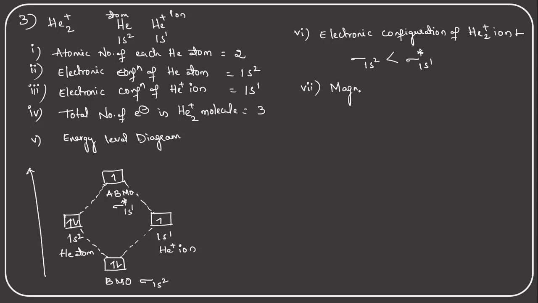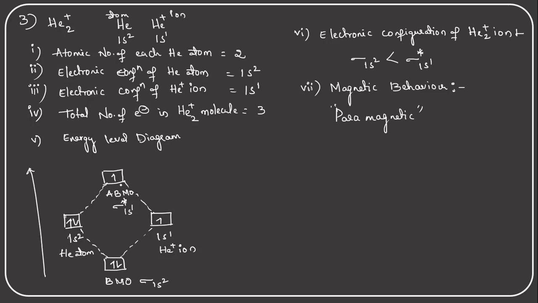So here the magnetic behavior will be paramagnetic, right? Paramagnetic. Why does it have paramagnetic property? The reason is one unpaired electron present in the molecular orbitals.